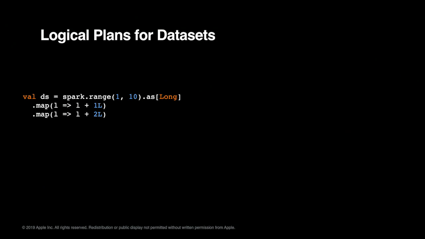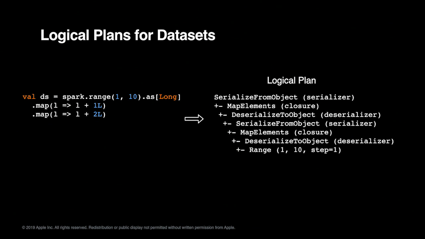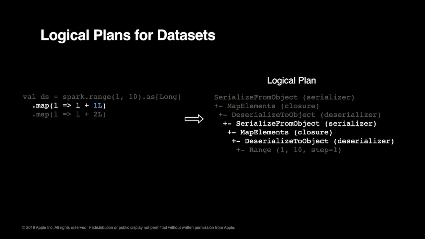So for example, we have a data set created out of a range of long values, and then you have 2 typed transformations on top of it, 2 closures. On the right-hand side, you see the logical plan that's generated for this. What is really important to understand is that every typed map transformation is represented as 3 nodes in your logical plan.